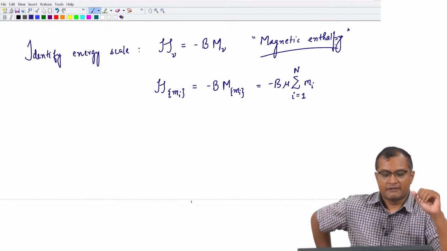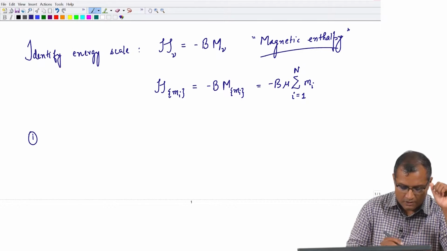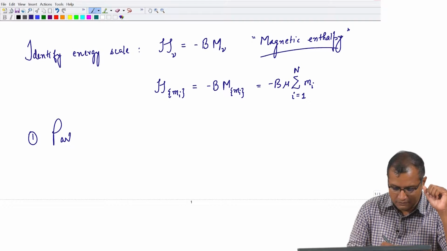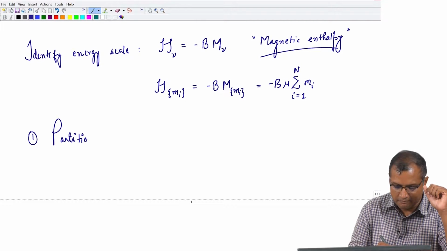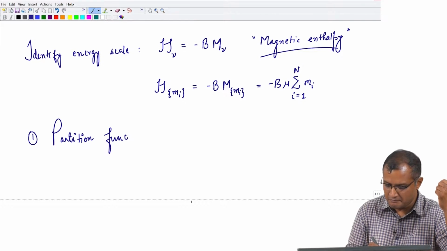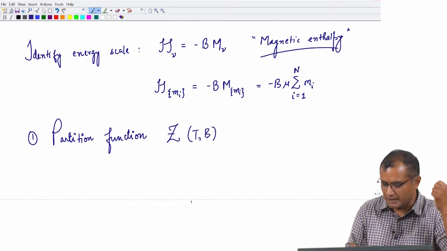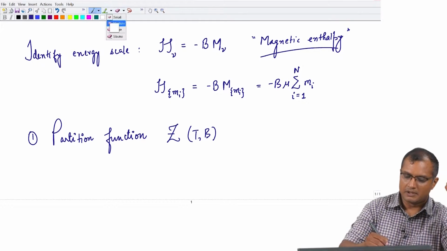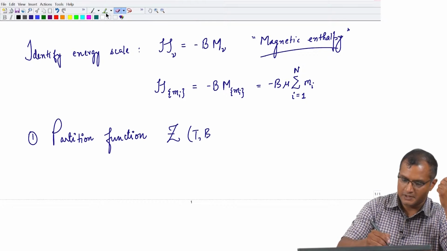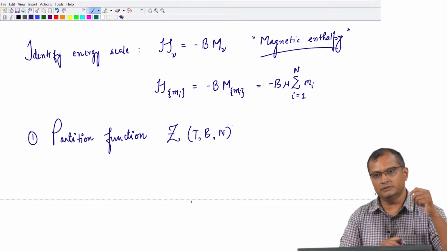For example, if you have the partition function, I will call it the Gibbs canonical partition function, at constant temperature and magnetic field. You can also call it constant number of spins.